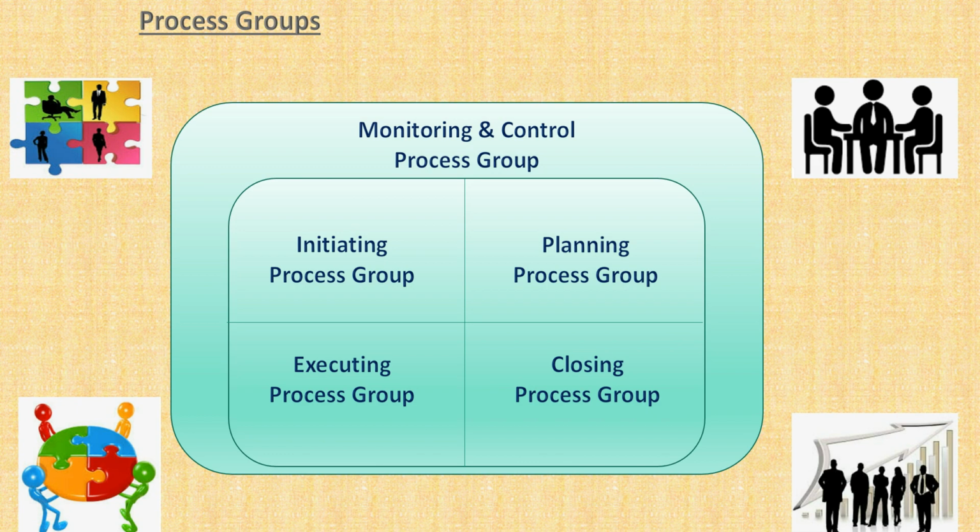So basically you want to control the project. There are some processes which you want to implement so that you have control over your project. So all those processes come under the monitoring and control process group.